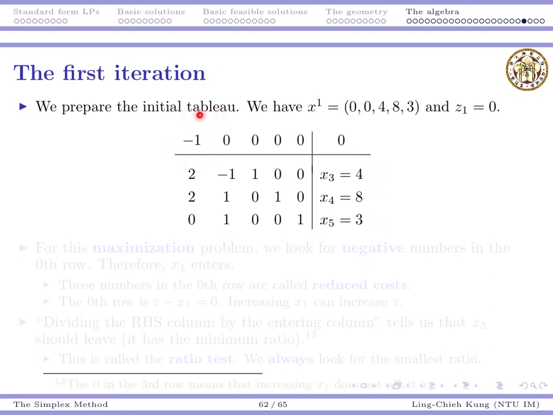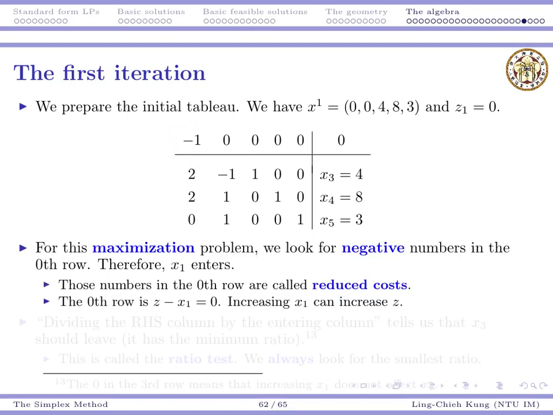Here, this number is -1. Again, that comes from the objective function. Here we are maximizing x1, and anytime you prepare the initial tableau, those numbers are negations of the original objective coefficients, because you are using an equation with z to get this, and that's why this number is -1 instead of 1.